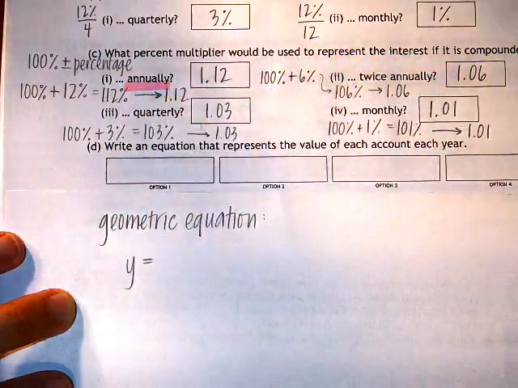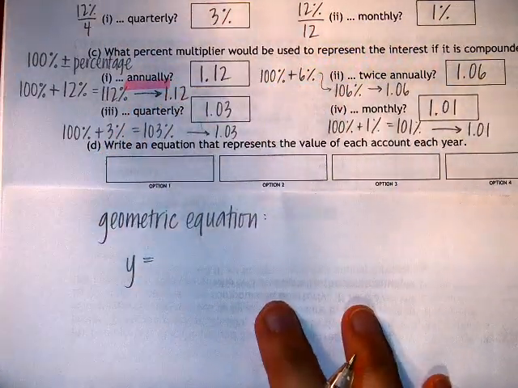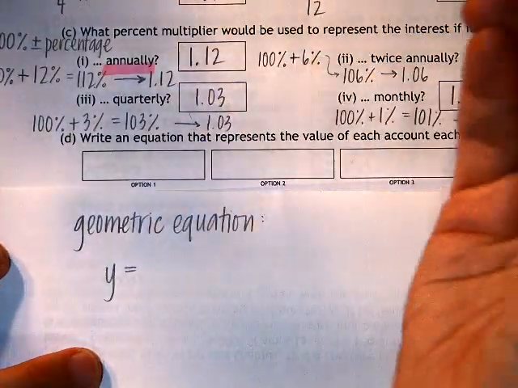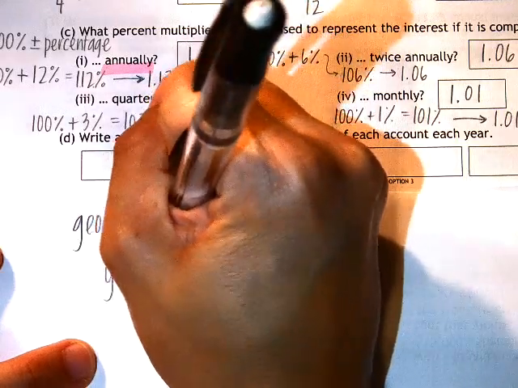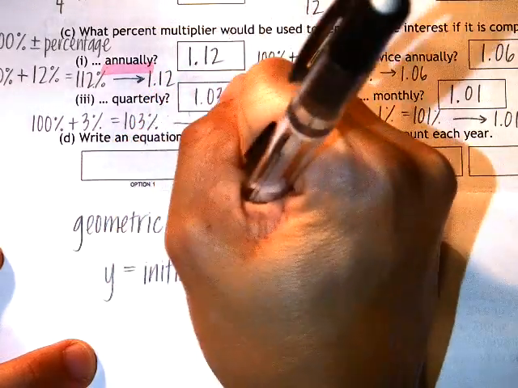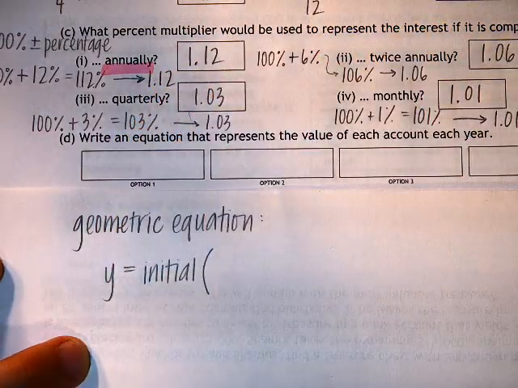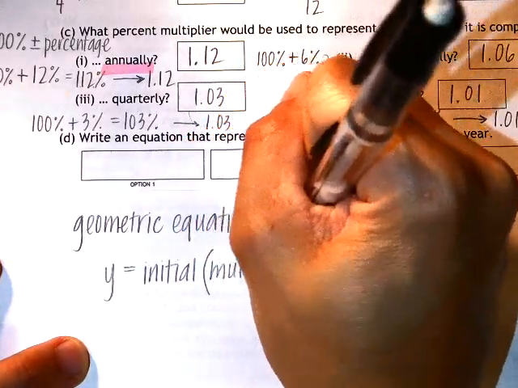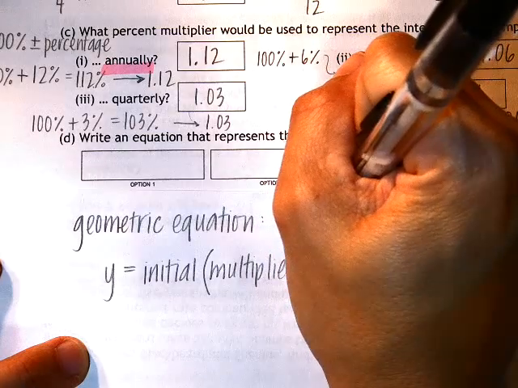We usually called it T of n equals. I'm going to switch to y equals now, and I'll explain why eventually, but for now you don't need to worry about that. What we need to think about is this. We always start with the initial value times, and we usually use parentheses for times, the multiplier to the power of n.